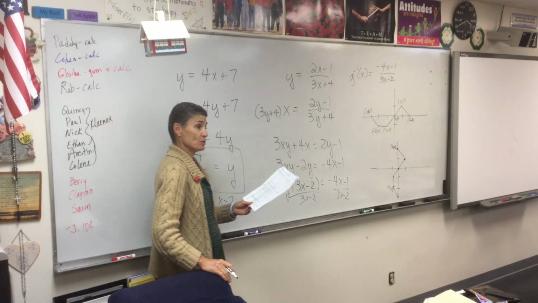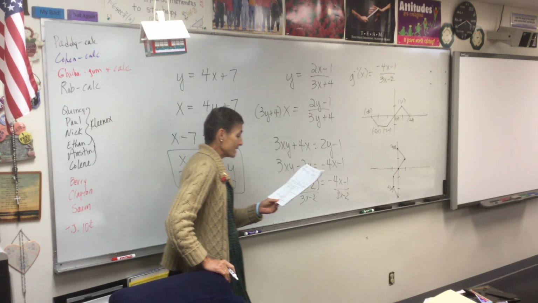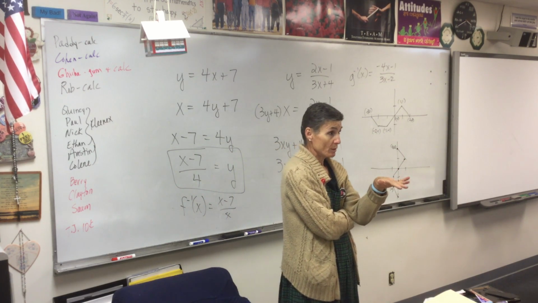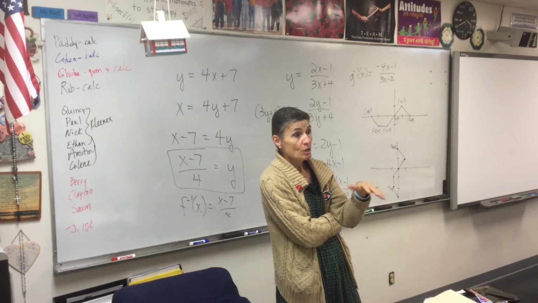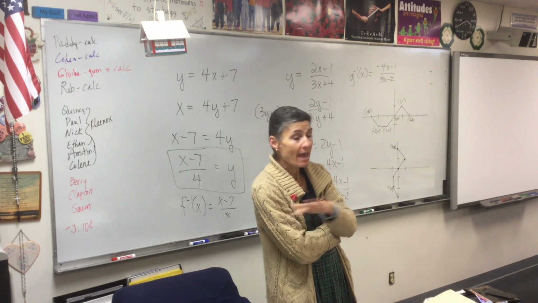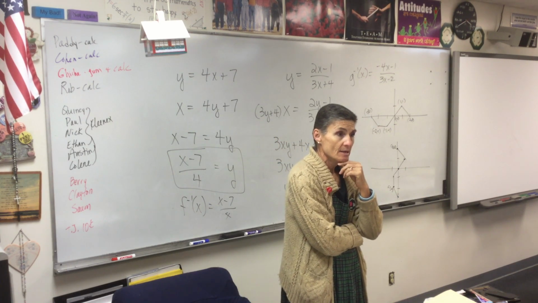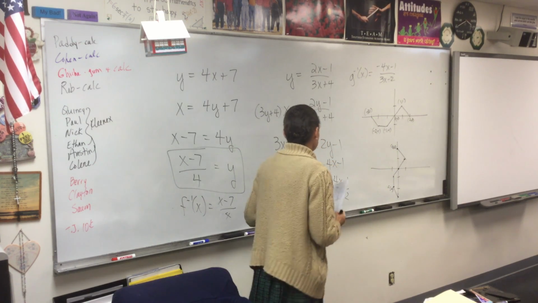Now, 3 is a little bit unique. Create your own function that is not 1-to-1. Okay, what does it mean to be 1-to-1? It passes both tests. So you're simply going to draw anything you want that doesn't pass both tests. So what kind of shape are you thinking? Triangle.